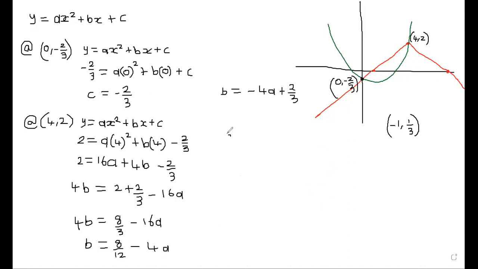So we're going to say at negative 1, 1/3, we're going to have y is equal to ax squared plus bx plus c.